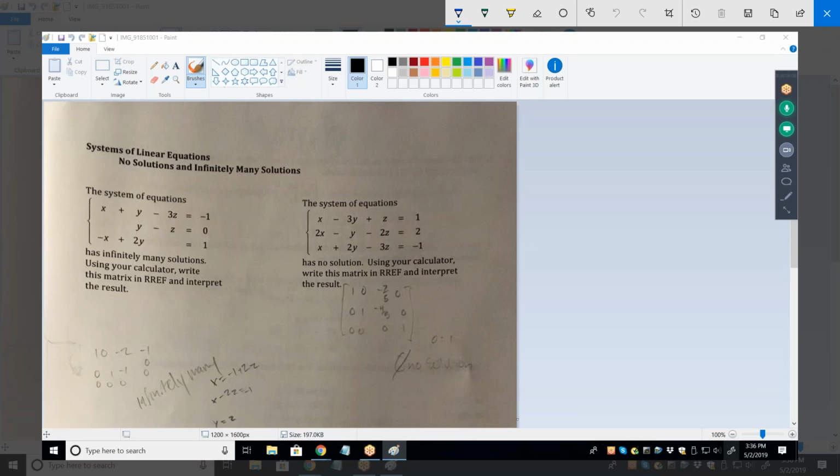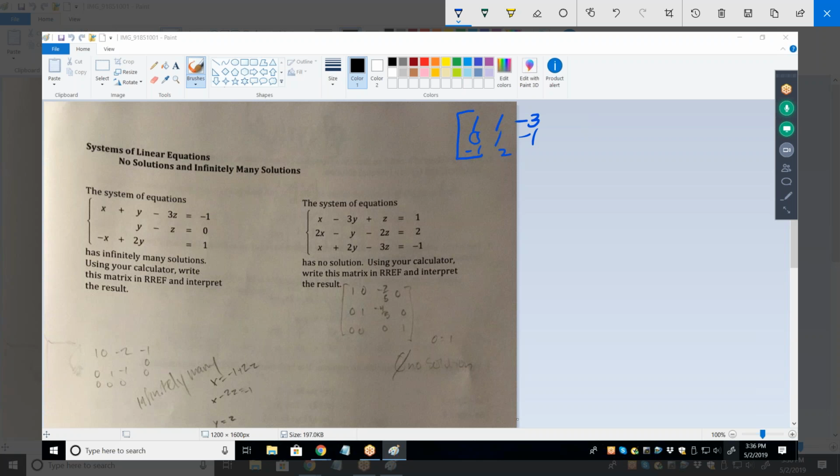So I am going to make this matrix look like this. I can't write that small.